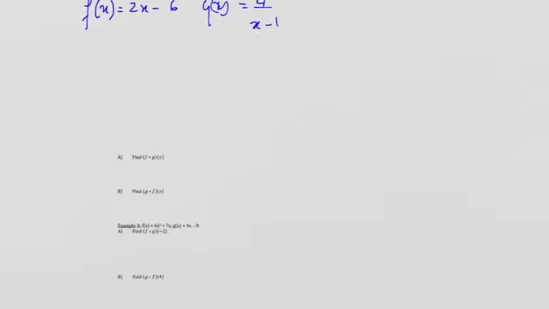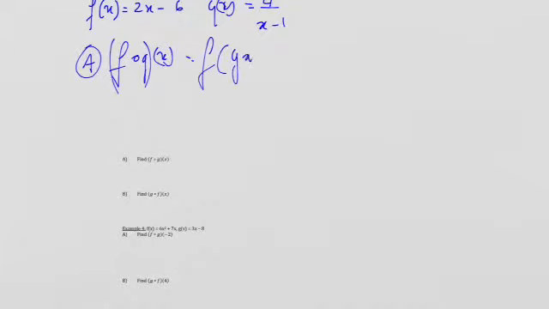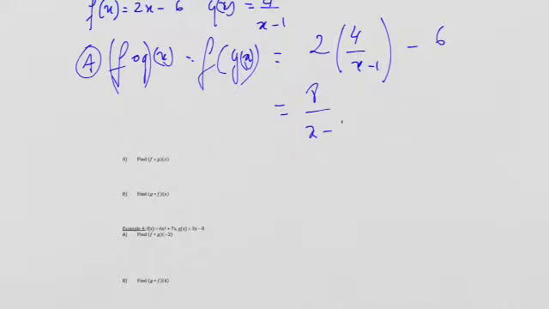So for the A, I know that f o g of x is f of g of x, and it's supposed to be 2 times, and I substitute the value of x by g of x, so 4 over x minus 1, minus 6, equal 8 over x minus 1 minus 6.